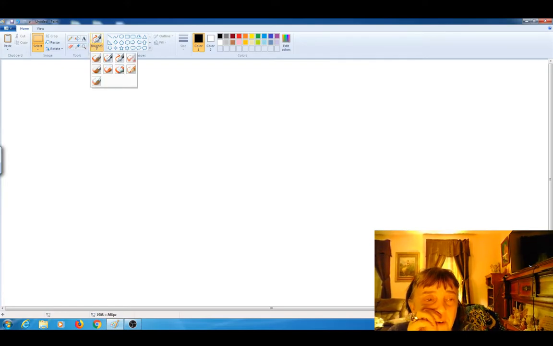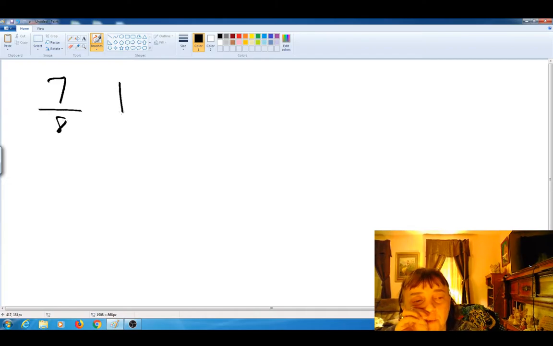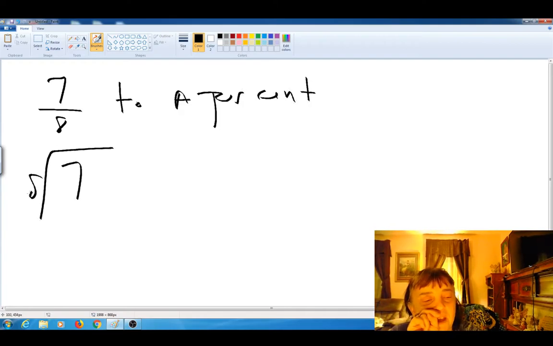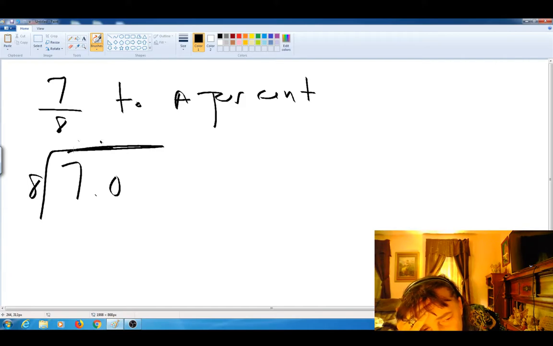Okay, now remember, let's say you want to change 7/8 to a percent. So 7 divided by 8 is what? Your dividend is the top number, your divisor is the bottom. What times 8 is 7, as close as you can get? 8 times 8 is 64, 9 times 8 is 72, so it'll be 8 times.